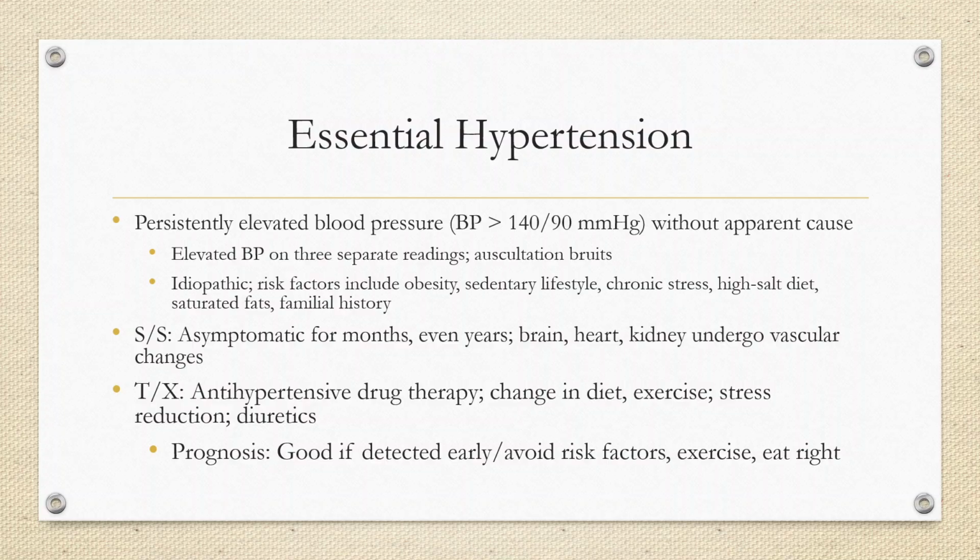They may hear what are called bruits, which are increased sounds of the blood moving through the abdominal aorta or through different larger vessels, and it sounds like a strong river running through the area, versus most larger vessels, where you're not going to hear that when you listen with a stethoscope.